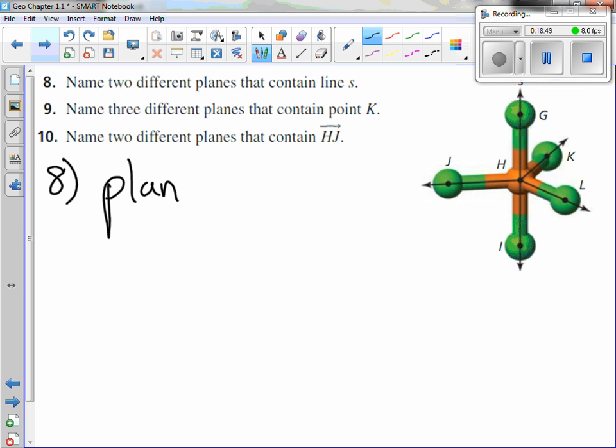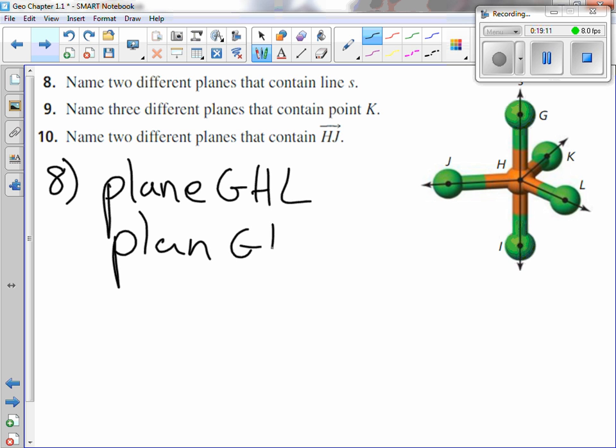Plane G, H, L. Because GHI would give us that straight line. So we can't use it because there are three collinear points. They're all on the same line. So we have to use something off of that. J, yes.